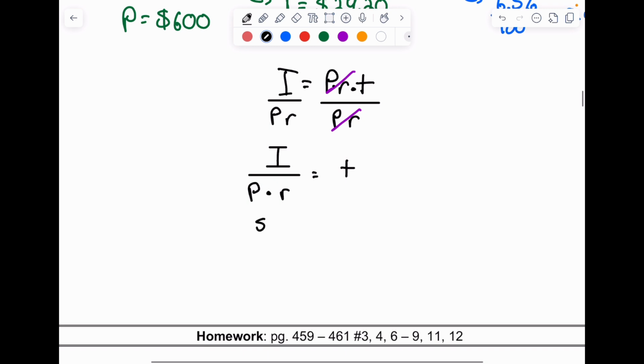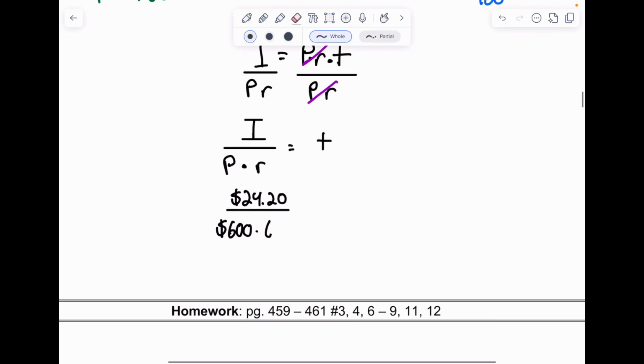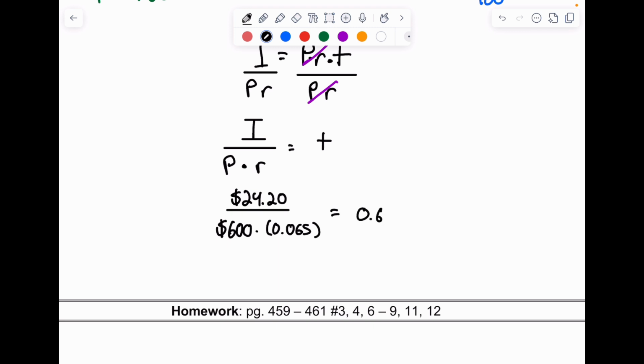So if we had $24.20 earned, and we initially started with $600, and the rate that we were given was 0.065, well, let's do our math: 24.20 divided by 600, divided by 0.065, that would give us 0.62.